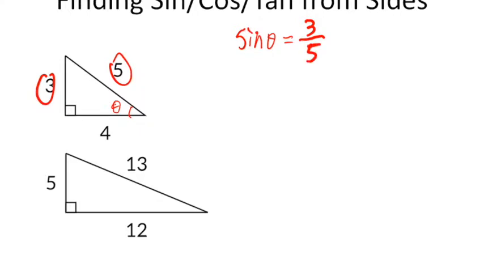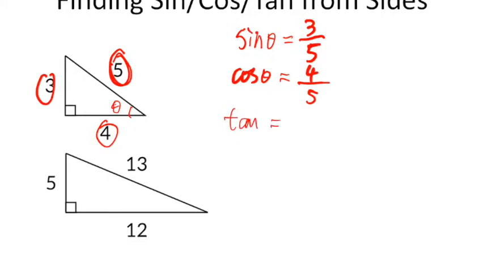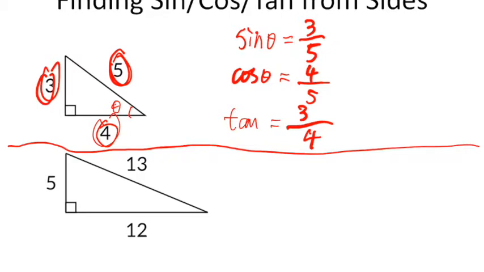Cosine theta would be adjacent side over hypotenuse, so it's 4 over 5. And tan theta would be opposite side, which is 3, over adjacent side 4. Okay, so this is for the triangle on top.